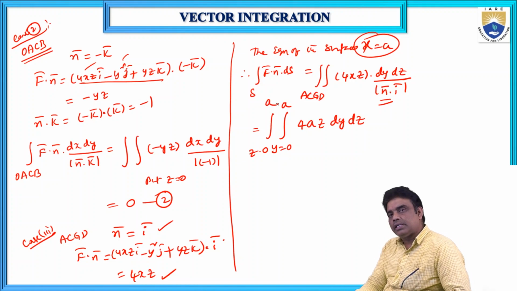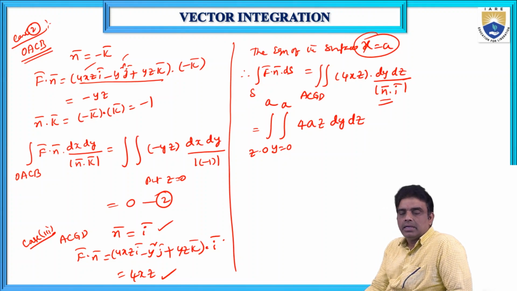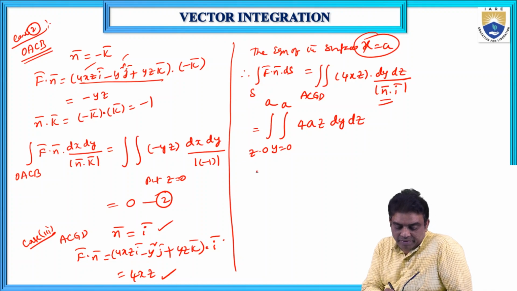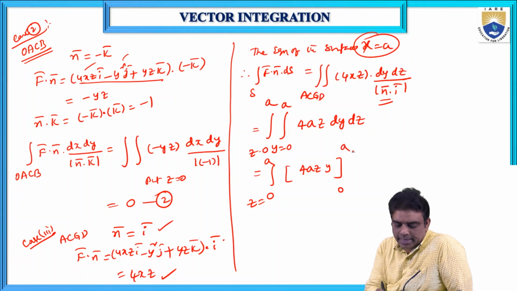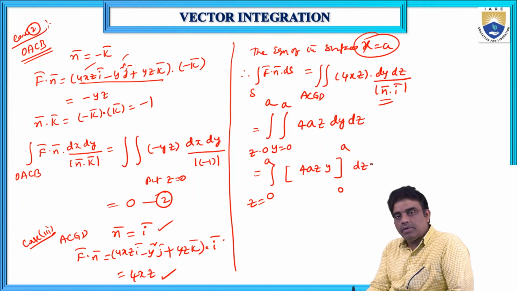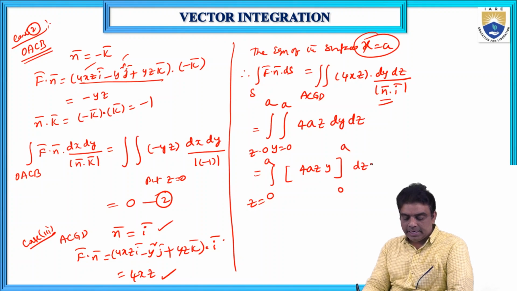Because all are constant limits, you can perform the integration in whichever order is convenient. I'm integrating with respect to y first: 4az times y between 0 and a, and after that integrate with respect to dz.